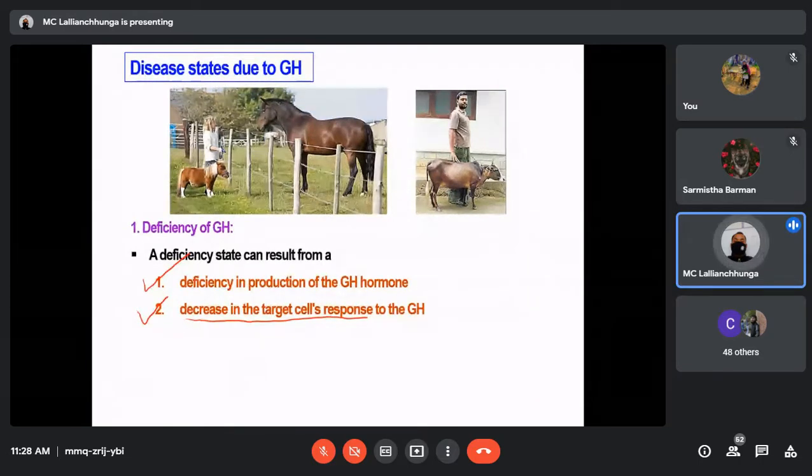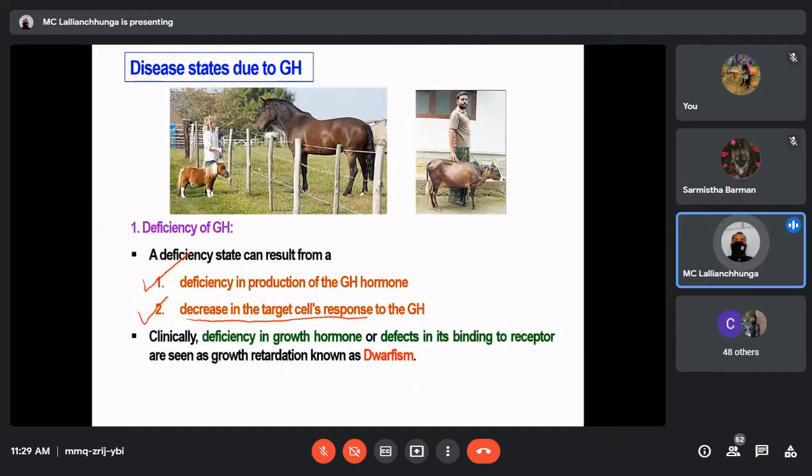But the target cells, such as fat cells, chondrocytes, or even muscle cells, cannot respond optimally, because, let's say, there is a decrease in the receptors for growth hormone. There is decreased sensitivity. So these are the two possibilities for why there is deficiency of growth hormone.